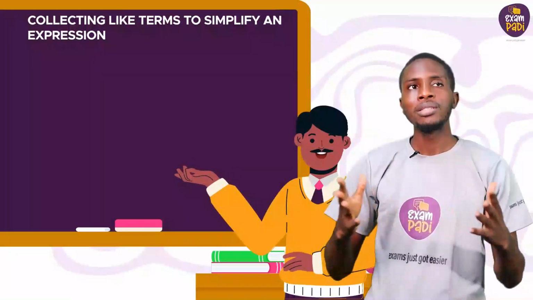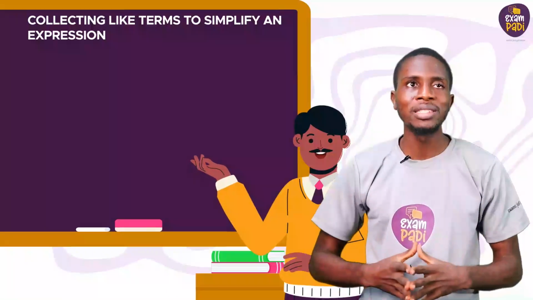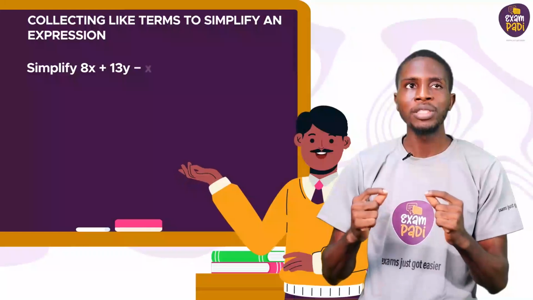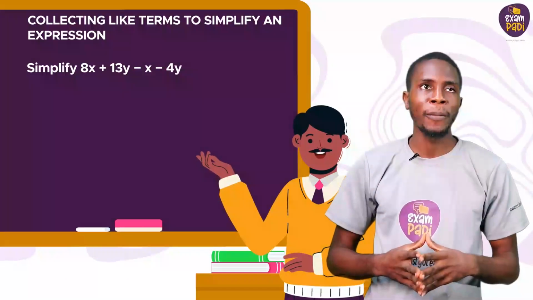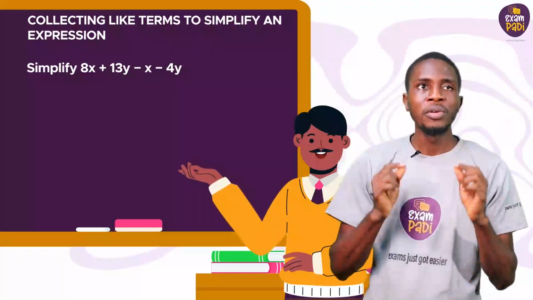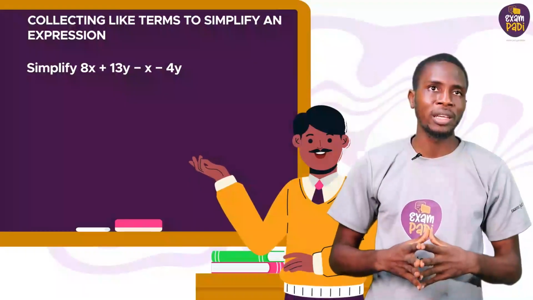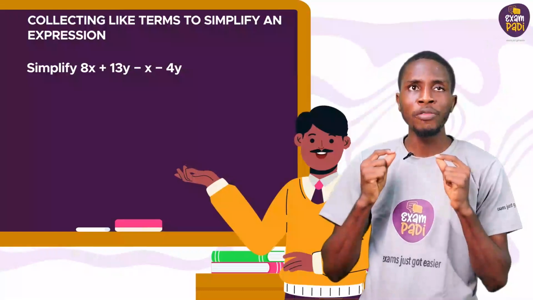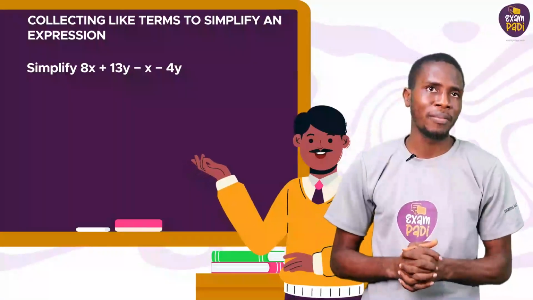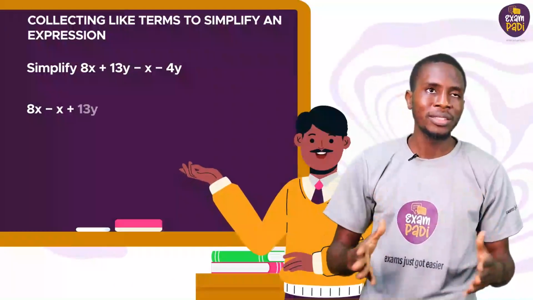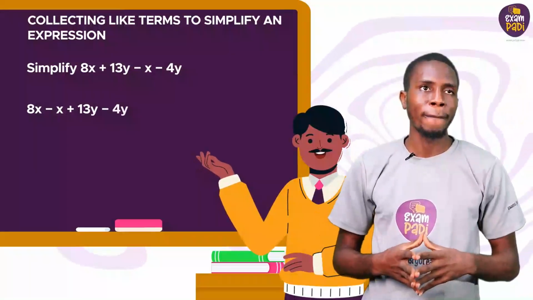2. Simplify the expression by collecting the like terms. 8x plus 13y minus x minus 4y. Step 1. Rearrange the terms so that you group all the like terms together. Keep the sign in front of each term with that term. 8x minus x plus 13y minus 4y.